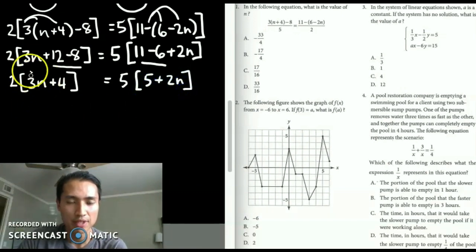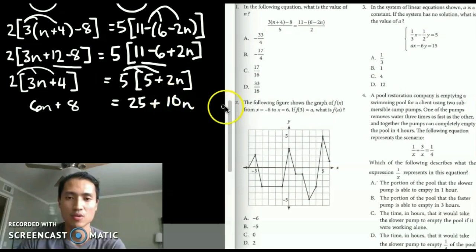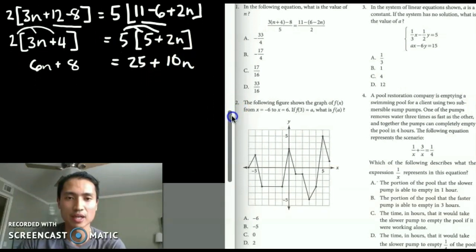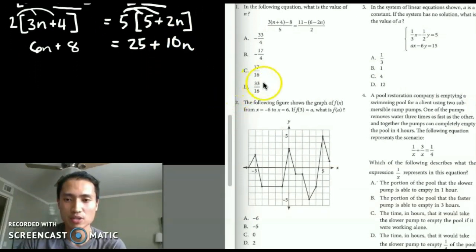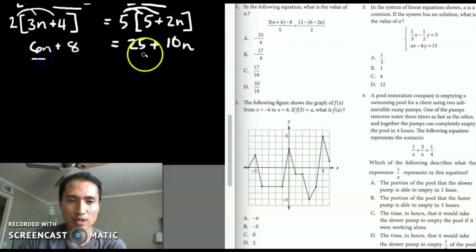Okay, now we could distribute out on both sides. So we have 6n plus 8 is equal to 25 plus 10n. So we've done most of the heavy lifting. Again, just to remind us, we are looking for the value of n. So it looks like we are almost there.